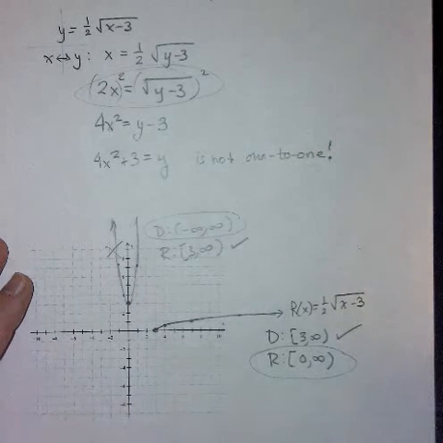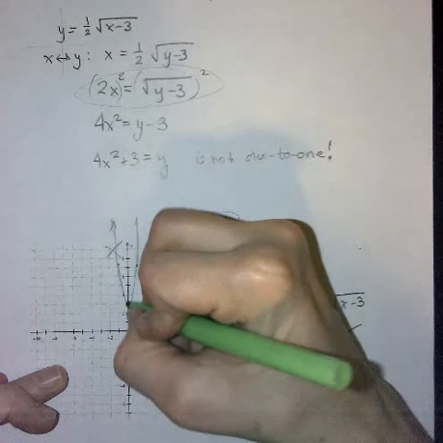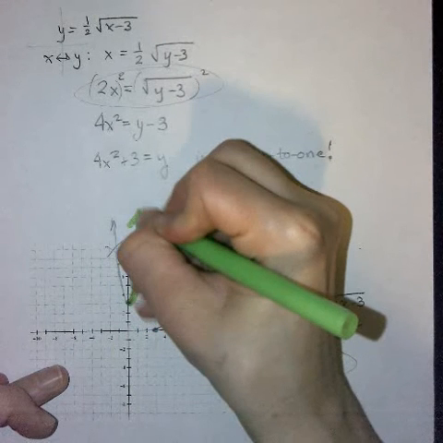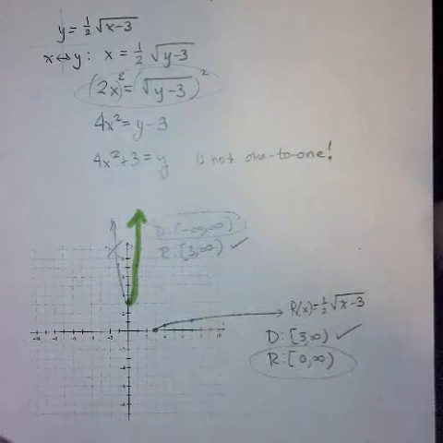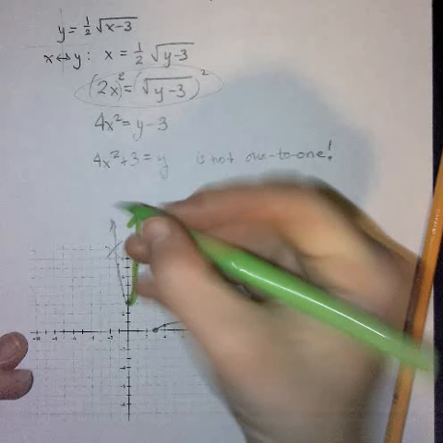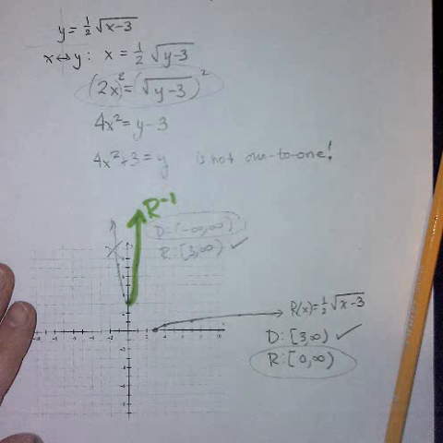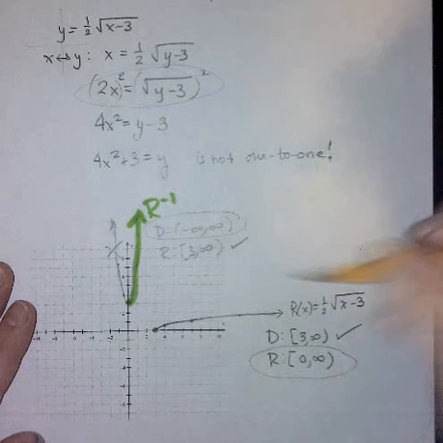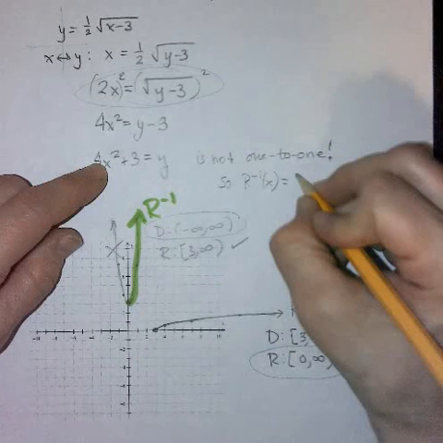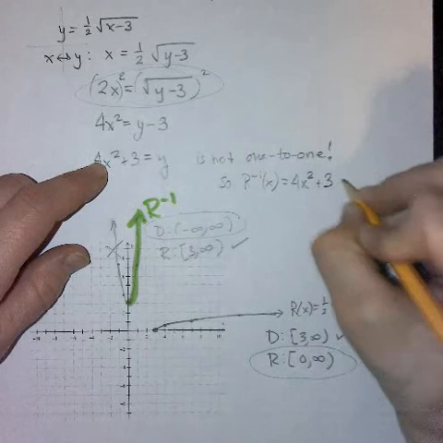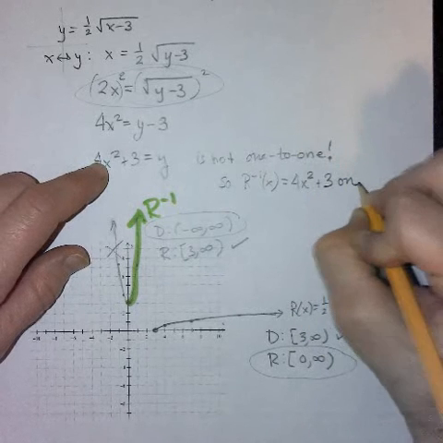Okay. The green graph is R inverse at x. I'll just write R inverse. So R inverse at x is going to be this formula, but only on 0 to infinity. You need this.